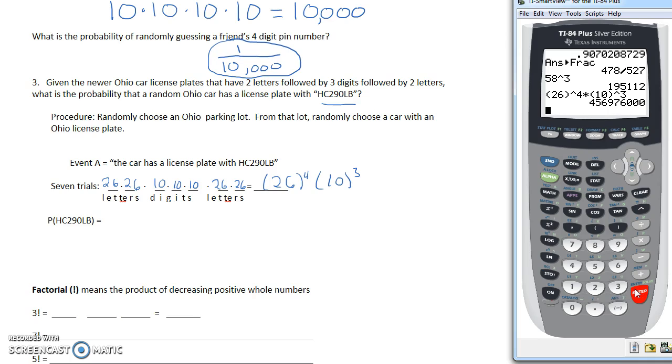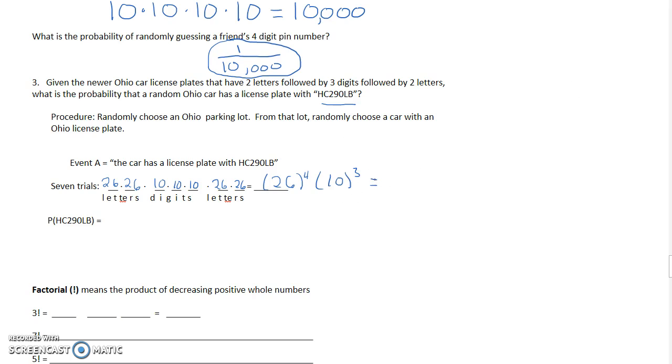That's 456,976,000. So that is a lot of combinations. I think that's more than there are cars in Ohio.